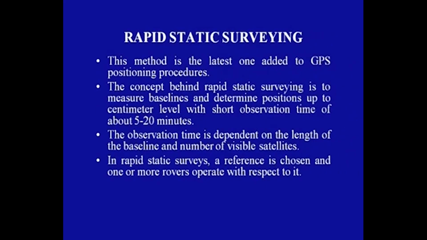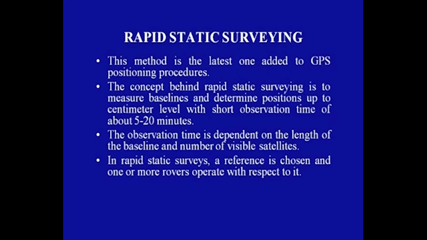The next is rapid static surveying. This method is the latest one added to GPS positioning procedures. The concept behind rapid static surveying is to measure baselines and determine positions up to centimeter level with a short observation time of about 5 to 20 minutes.